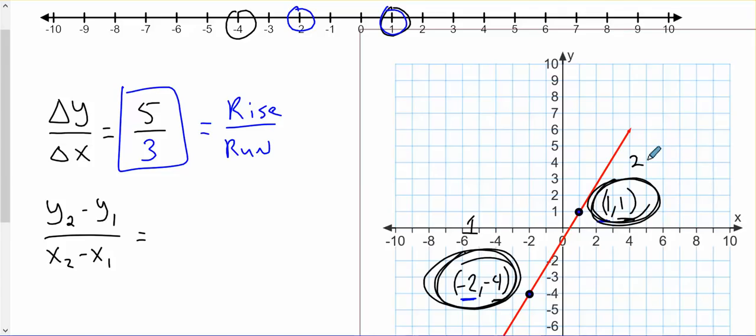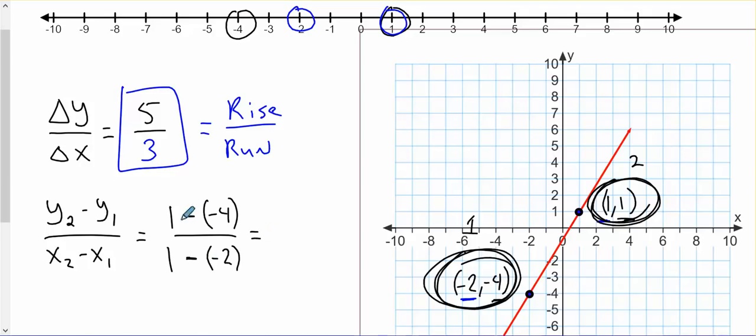So we're going to take the second y value, which was this y value over here, so it's 1 minus the first y value, y sub 1, so minus negative 4. And that's going to be over our second x value, which was this one, 1 minus our first x value, x sub 1, so minus a negative 2.